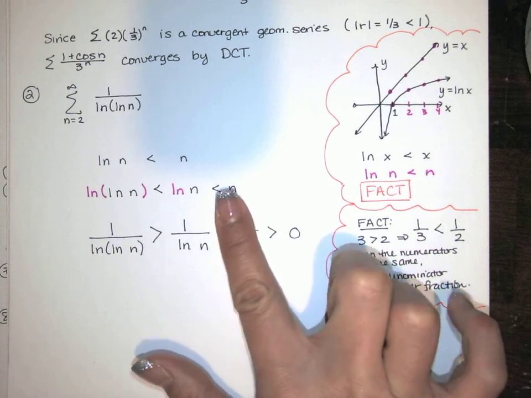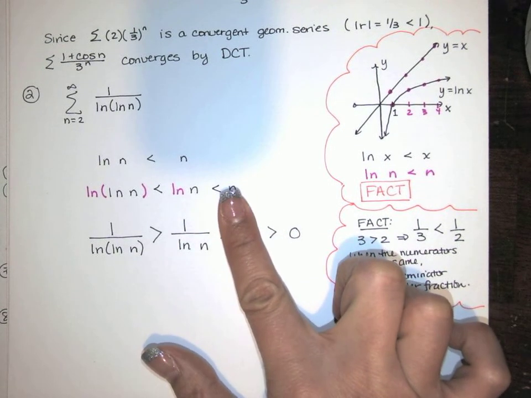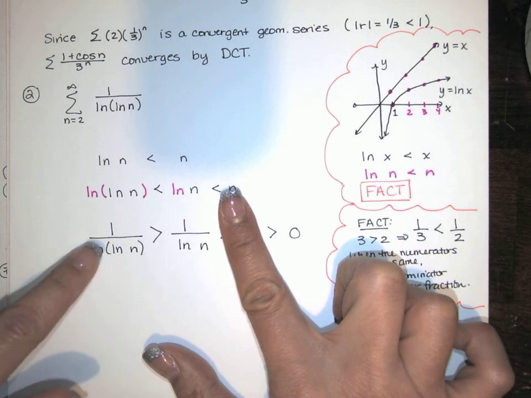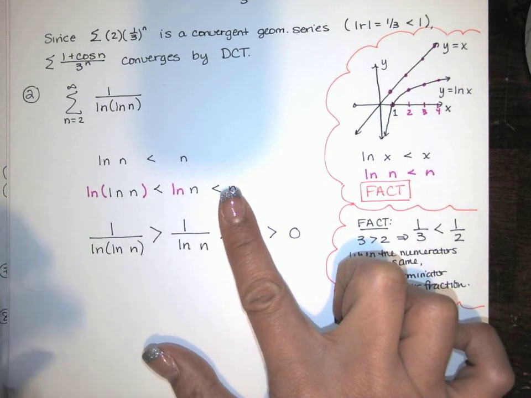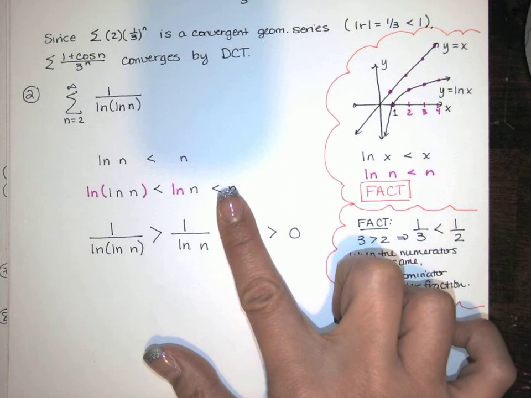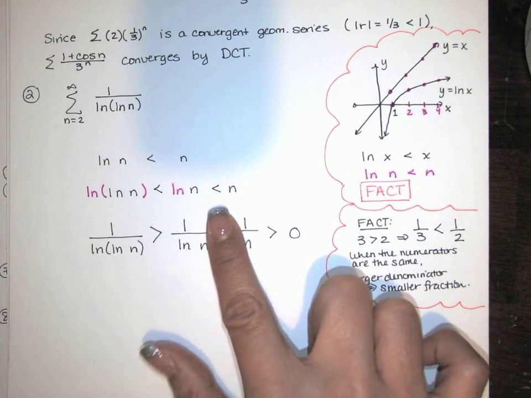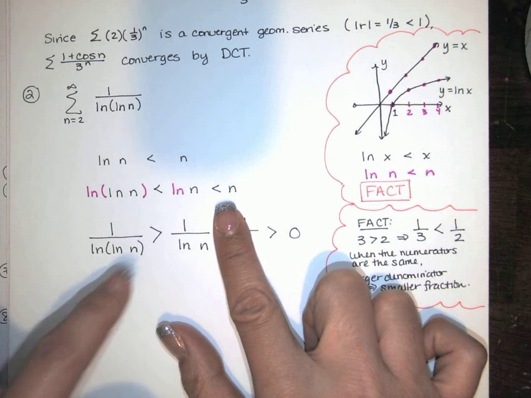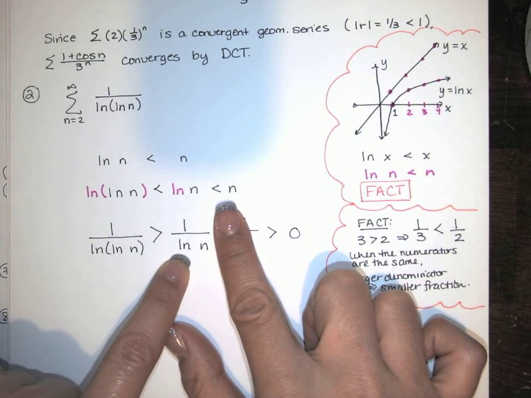So I wouldn't stop here, because that's not going to get me anything. If I use the comparison test now, if this one converges, this one may or may not converge. We can talk through all the possibilities, but my point is, if you don't know whether the series you're comparing to converges or diverges, the comparison tests don't help you.